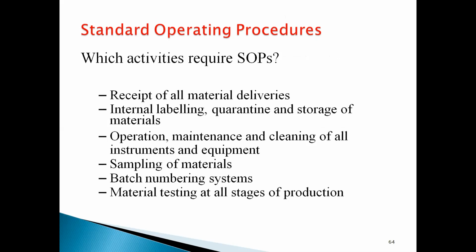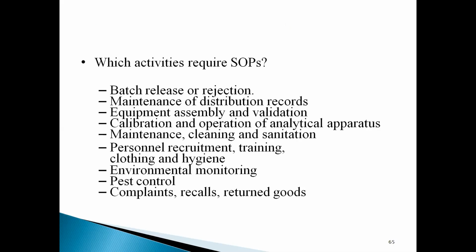For that reason, we need internal labeling, quarantine and storage of materials, operation, maintenance and cleaning of all instruments and equipment, sampling of materials, batch numbering system, material testing at all stages of production, then batch release or rejection, maintenance of distribution records, equipment assembly and validation, calibration and operation of analytical apparatus, cleaning, sanitation and maintenance, personnel recruitment, training, clothing and hygiene, environmental monitoring, pest control, complaints, recalls, returned goods.